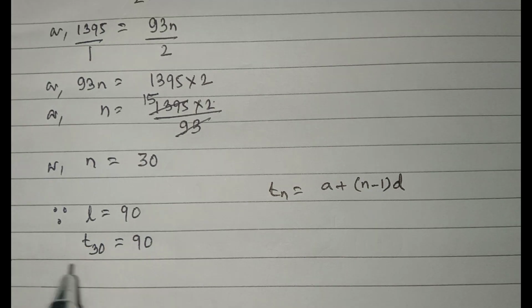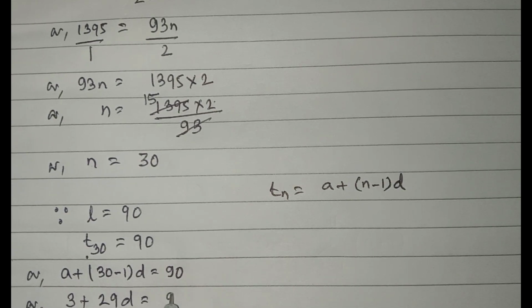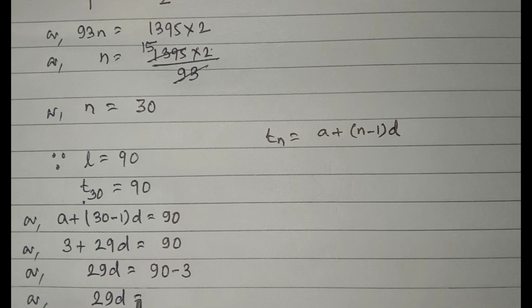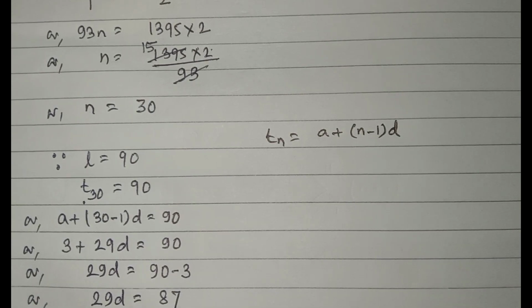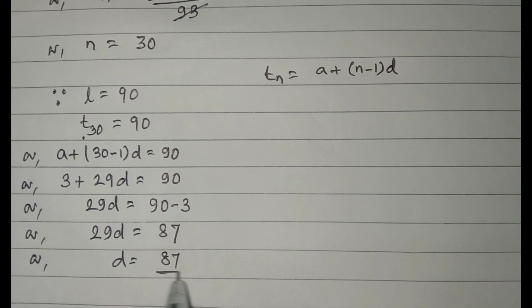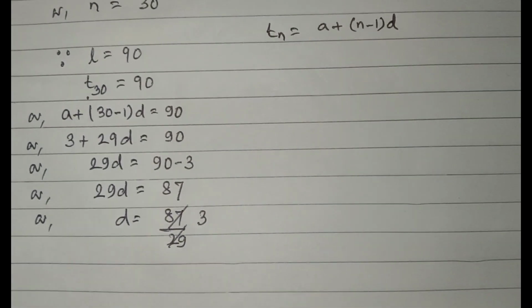So applying this formula here, we get a plus (30 minus 1) times d equal to 90, and our first term is 3, so 3 plus 29d equal to 90, or 29d is equal to 90 minus 3, and we get 29d is 87, or d is equal to 87 divided by 29, and 29 divides 87 3 times.